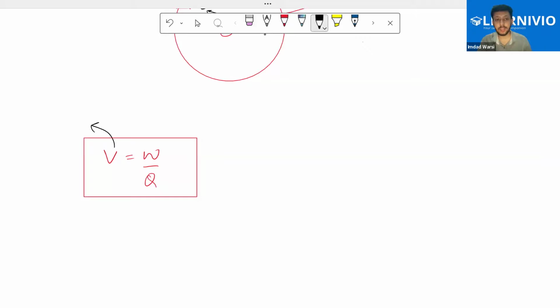You can write it all in the formula only. V is the electric potential or potential difference, W is the work done, and Q is the charge.